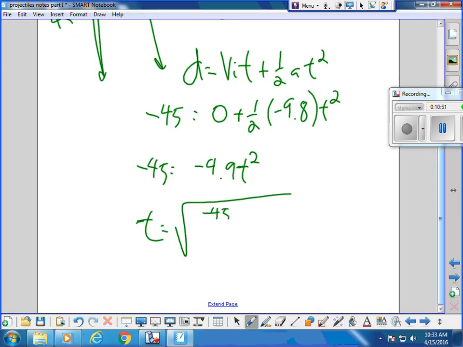Do you get nervous when you have negative signs and roots? T squared. And once again, I'm calculatorless. I've noticed in the last 10 years, students, when they pick up their calculator, they use their thumbs.